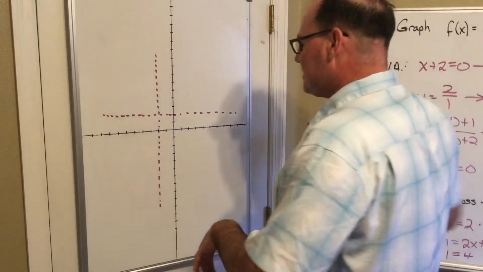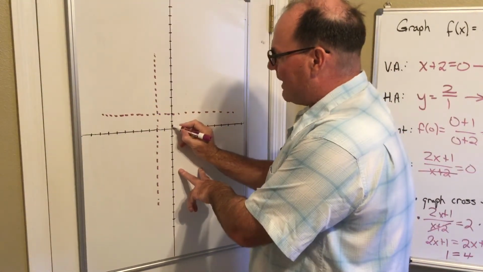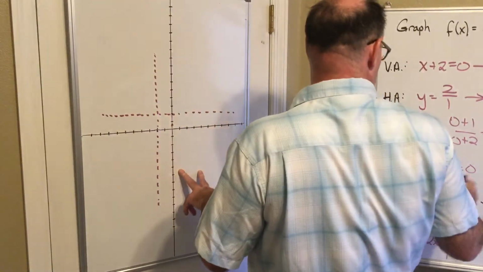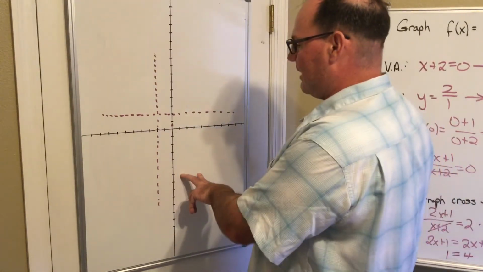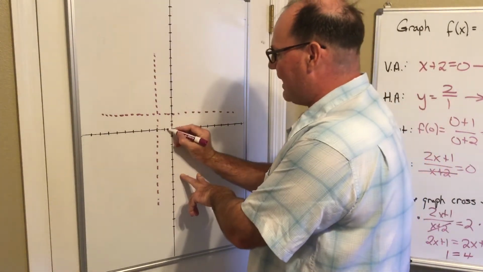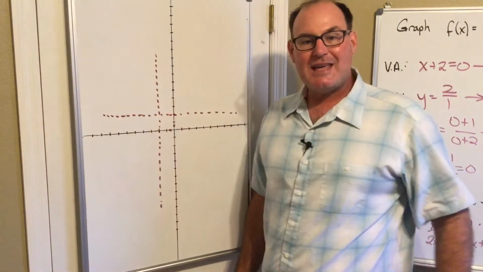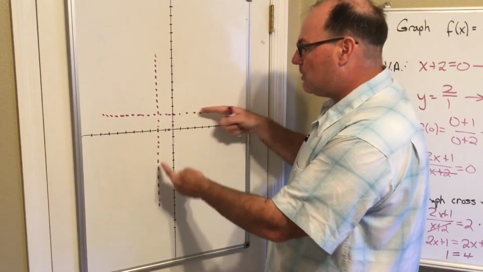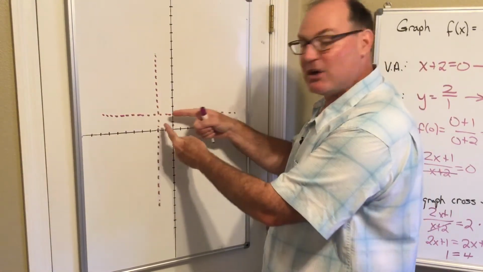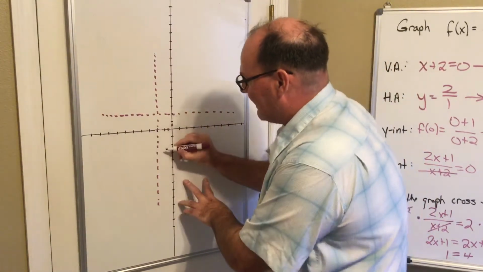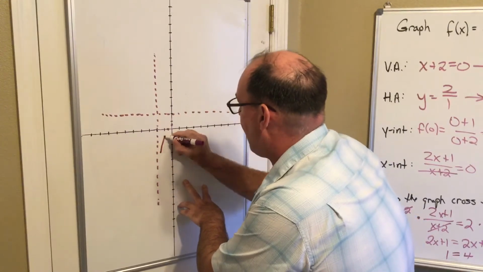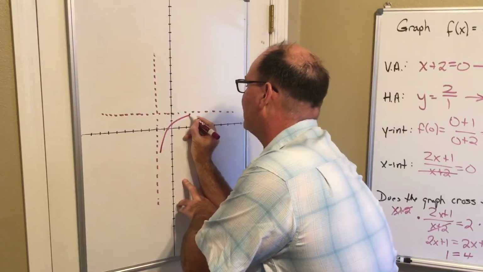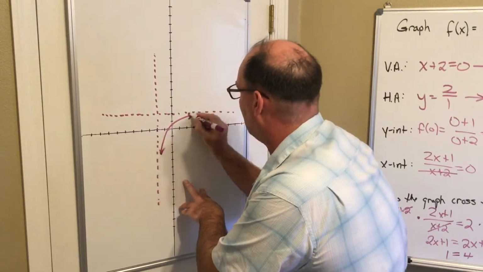My y-intercept, where it goes through the y-axis, was 1/2. My x-intercept, where it goes through the x-axis, is -1/2. And so once again, you can see that on the right side of this, since these asymptotes are both firm, the graph is never going to go through it. I can complete the left side of this graph like so. Oh, that's beautiful. Graph of the year.